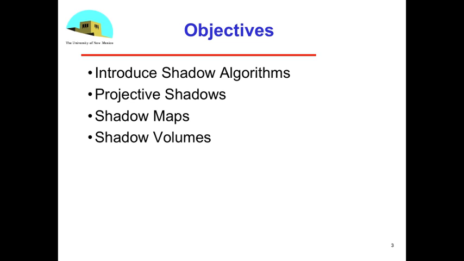So I'm going to go over one classic algorithm for doing that and then look at a couple of others that will just look at the basic ideas, and then later when we talk about rendering to texture, we'll be able to actually implement them. Many of these techniques for getting shadows depend on doing multiple renderings, and if we do multiple renderings, we need some place to store the results of the first rendering for those to use in the second.